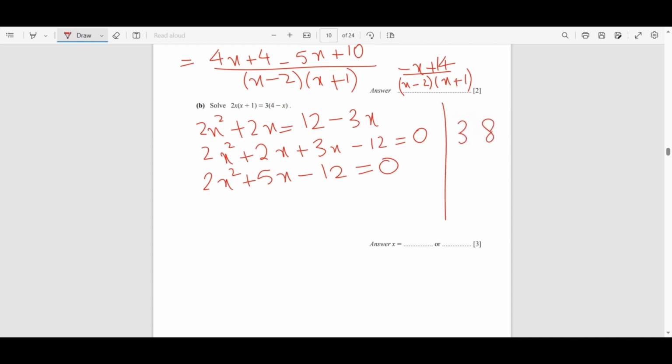The signs will be positive 8 and negative 3, because when you add them, you get positive 5, just right in the middle. And when you multiply them, you get negative 24, exactly what you wanted. So it's going to be negative 3 and positive 8.